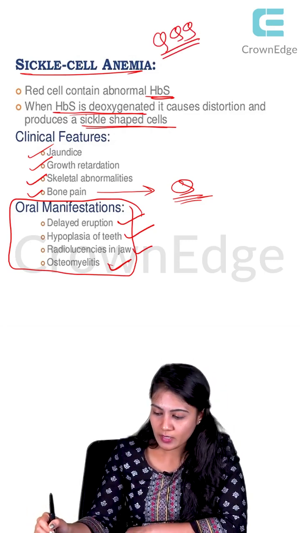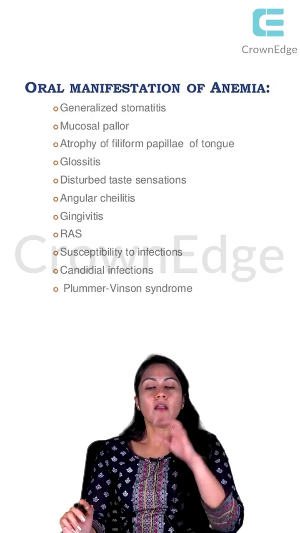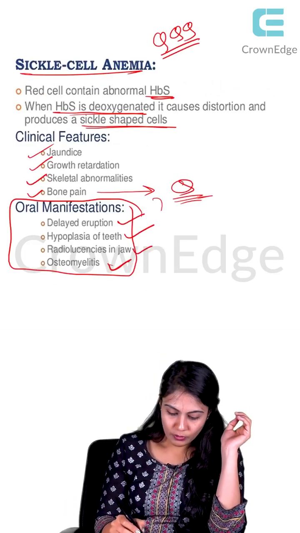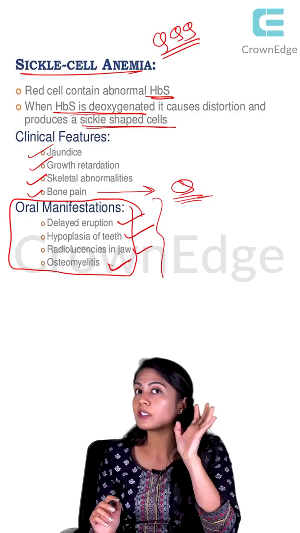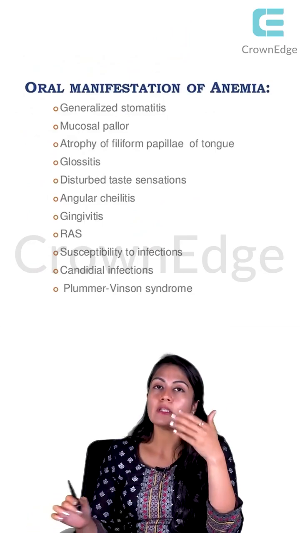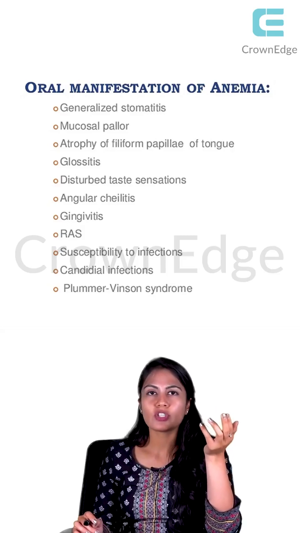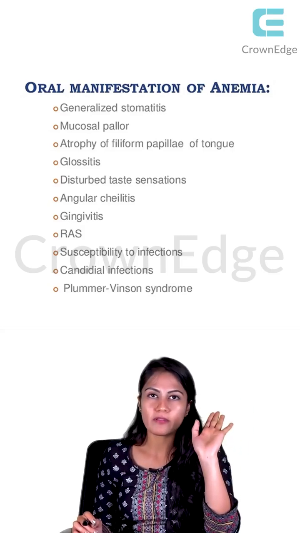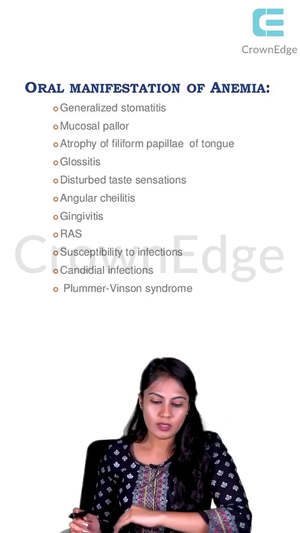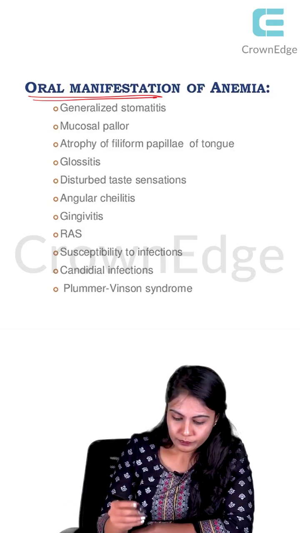And you must remember all this while going to the exam. These four things we talked about are specific for sickle cell, right? This is not seen in all the anemias, right? So what are the other manifestations, the general set of oral manifestations which can be seen in any type of anemia?